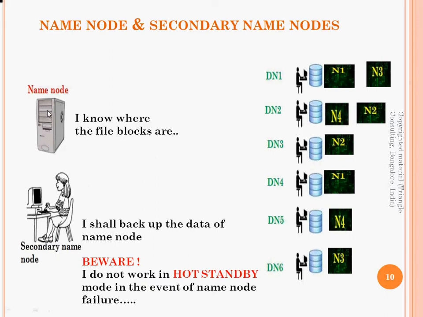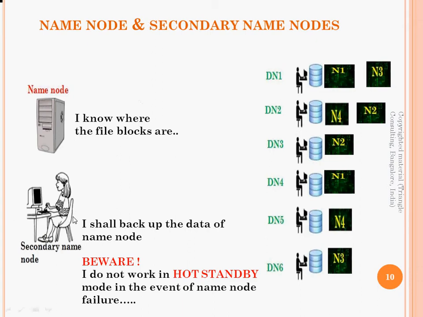So if you want to locate a file, name node is the one to go to, because it has a snapshot of the entire file distribution in the cluster which is maintained by Hadoop. So name node is like a file system directory server. It knows where the files are, how many blocks the original files are split into, what the replication factor for the file is, and where exactly those blocks are residing.